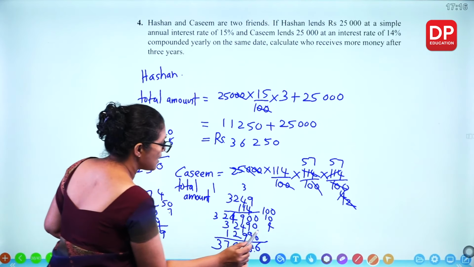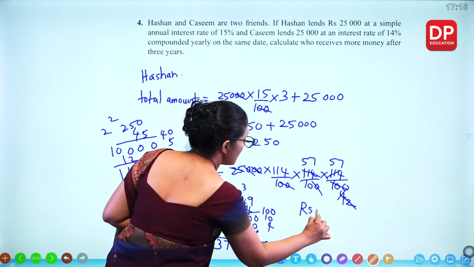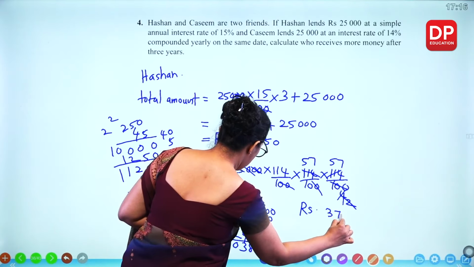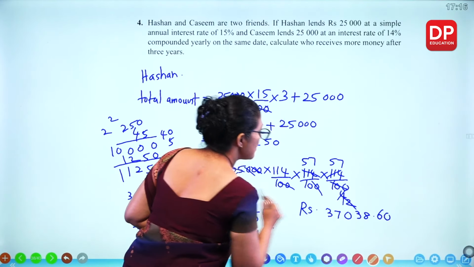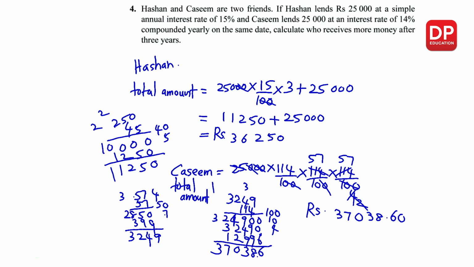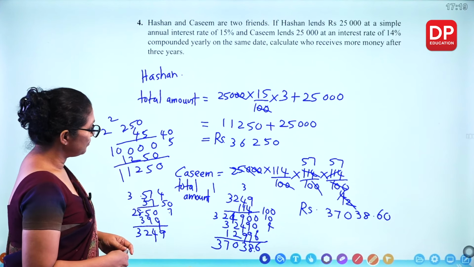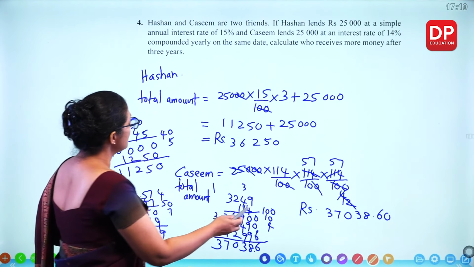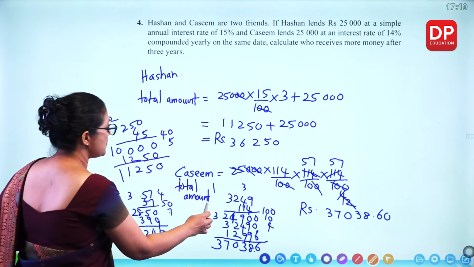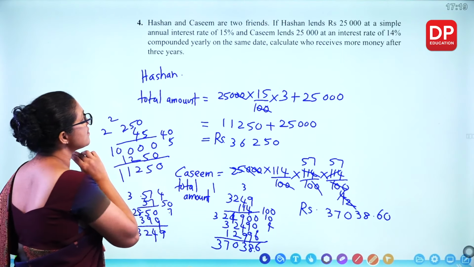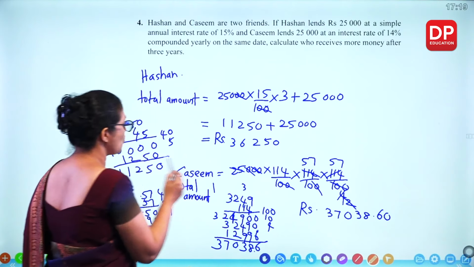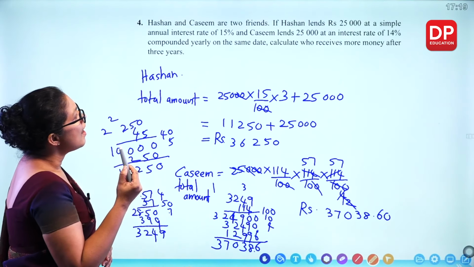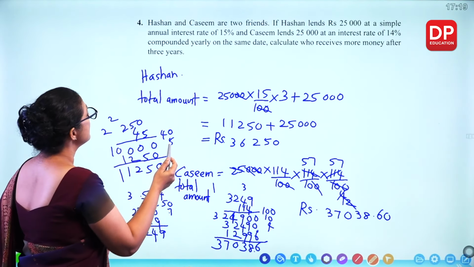So you get 37,038 and 60 cents. So this is Kasim's total amount. This is Hashan's total amount. Which one is high? Kasim's total amount is higher than Hashan.